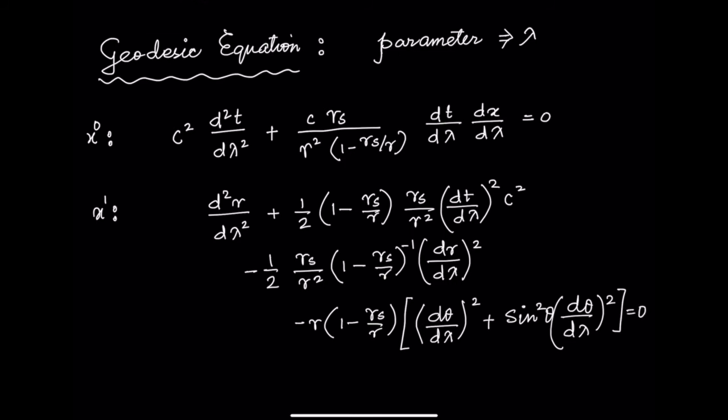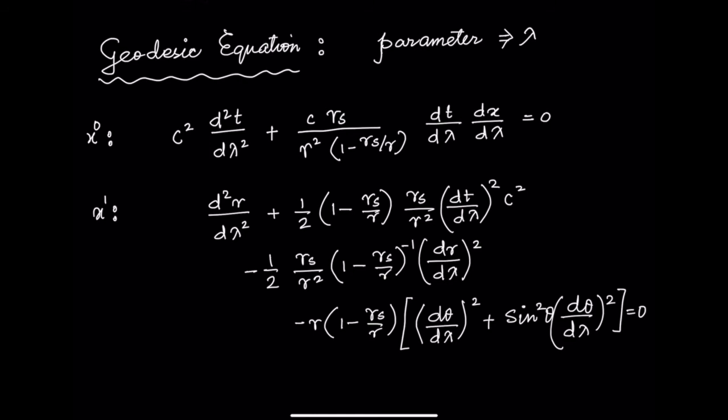Okay, so I am not writing down the other two equations, which are for x2, which is theta, and x3, which is phi, partly because you will not use them, but you should try and write them down. As you can see, things have already become very complicated. The second equation on r is extremely large.